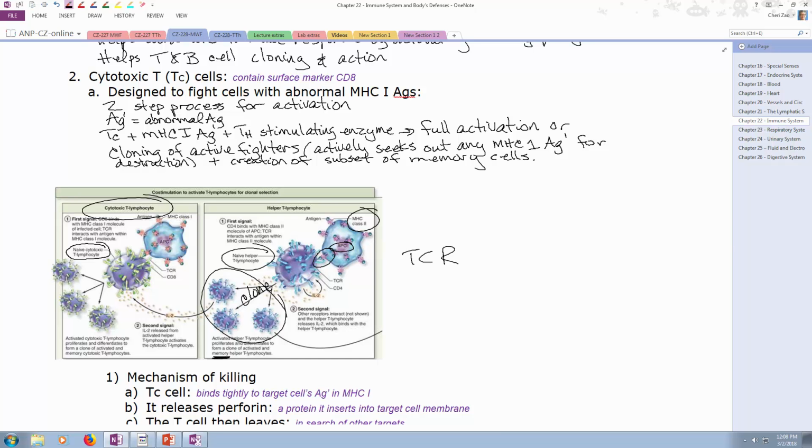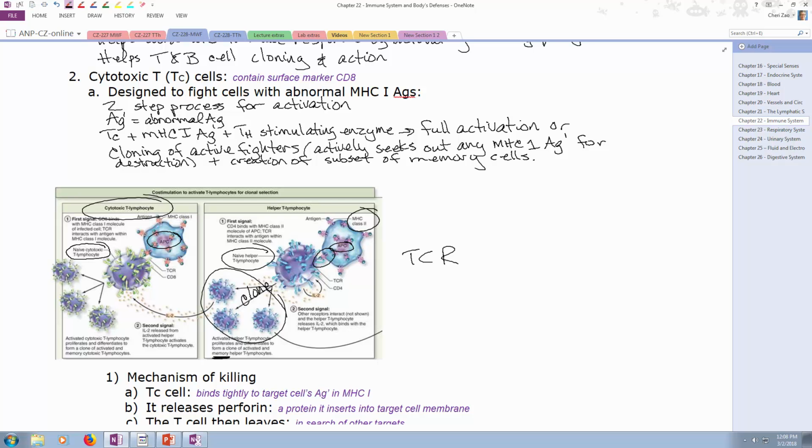And here we have another APC at this time. Other cells can do this, but APCs are actually best to do this. And APCs do have class 1 on them. The thing about cytotoxic T cells, they have to have presentation to them via a class 1 MHC receptor.